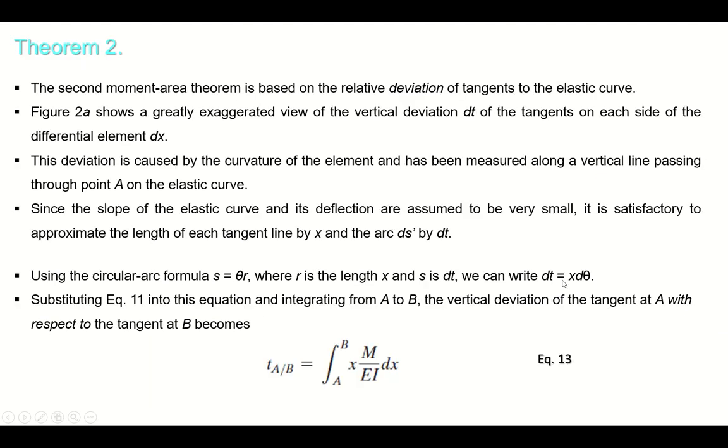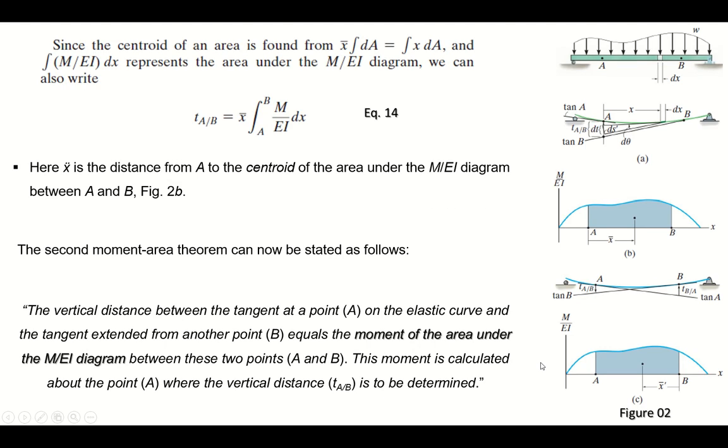So dt will be equal to x into M over EI dx, right? So we substituted and we just integrated from A to B. So dt will be converted to t A by B, which will be equal to the integration from A to B of the same value x, and instead of d theta we will put its value, which is M over EI into dx, and this is our equation 13.